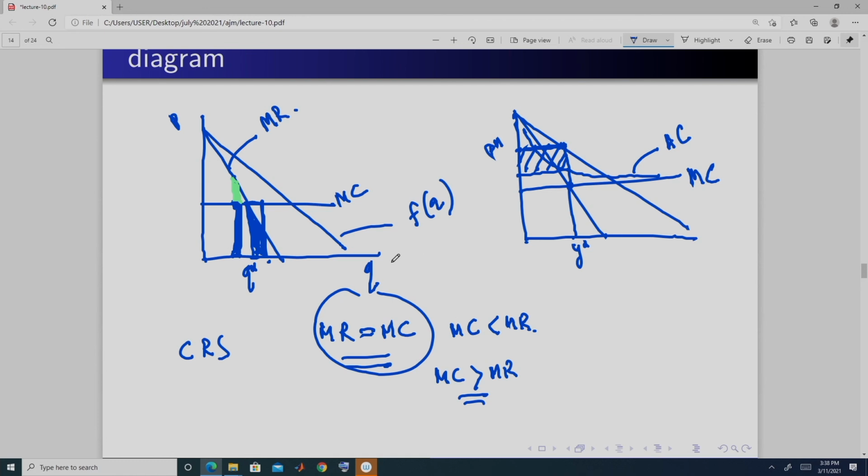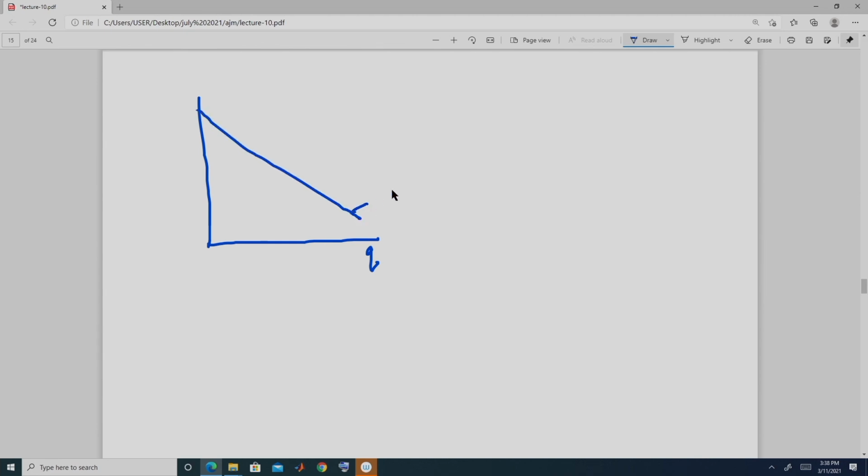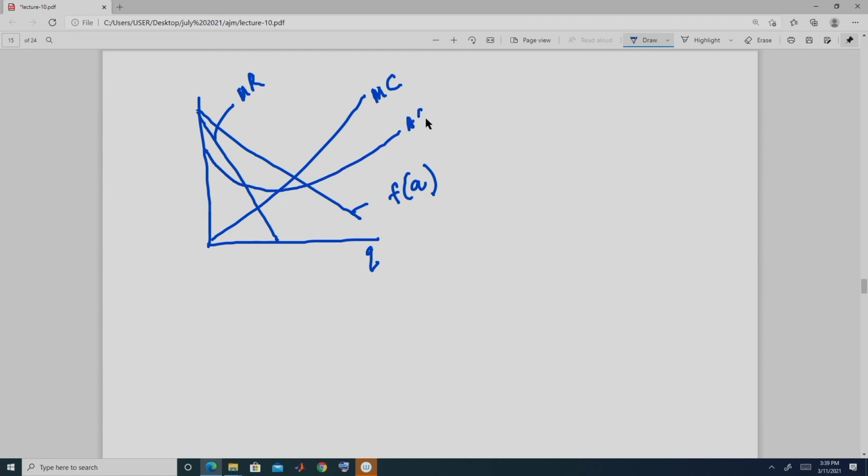Now, let us take the case when we have decreasing returns to scale. So, suppose again this is output, this is the market demand curve, this, and suppose this is the marginal revenue curve, and suppose this is the marginal cost, because it is decreasing cost, decreasing returns to scale, and this is the average cost.